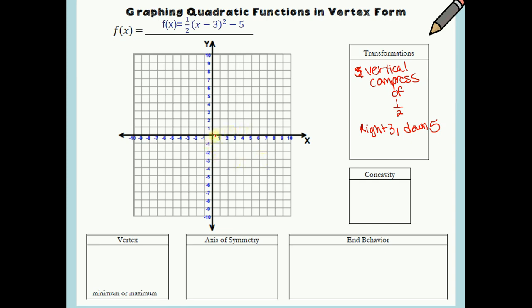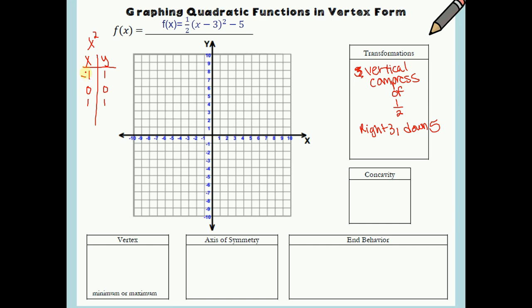So I'm going to move right 3. Normally, if I'm looking at 3 dots, x values of -1, 0, 1, this would be our parent function of x squared. That would have been y values of 1, 0, and 1, right?